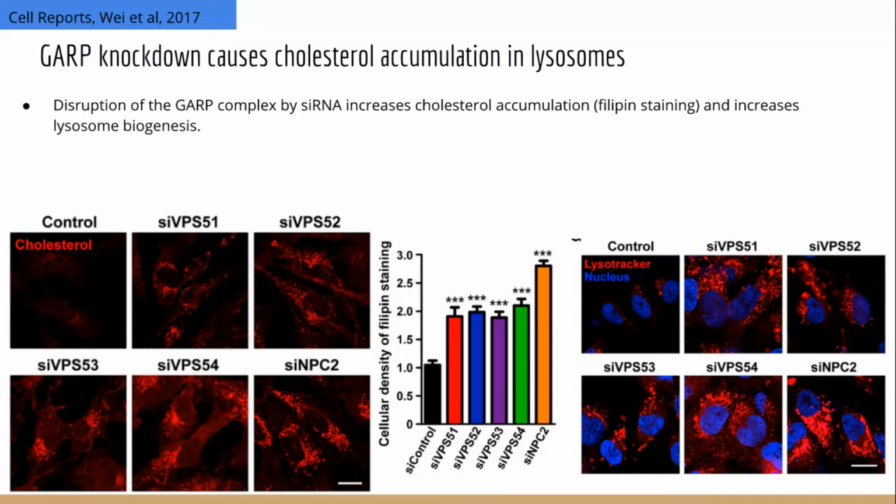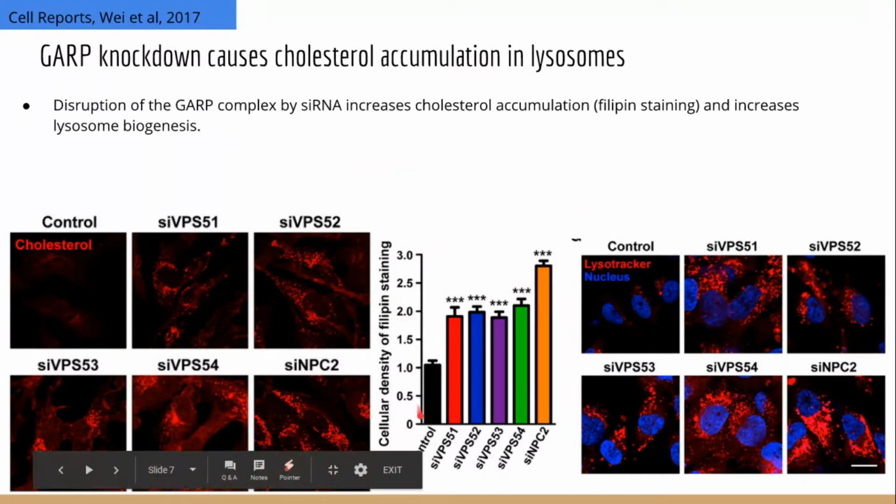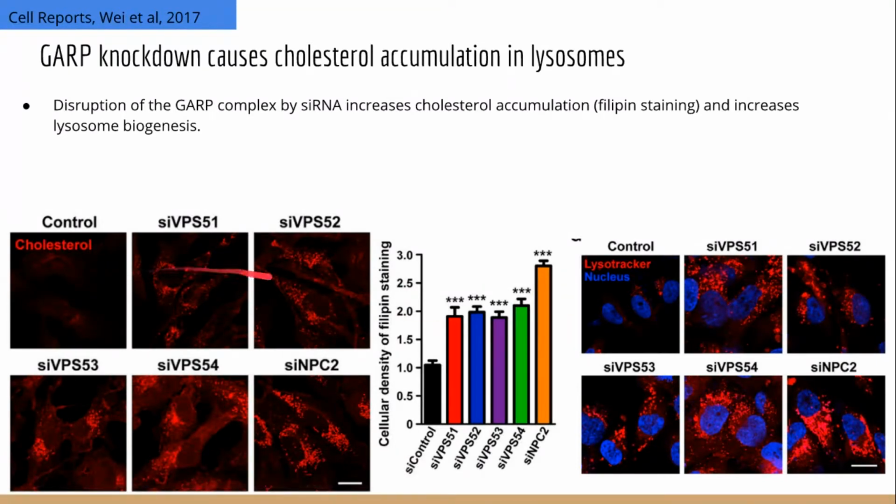So in this slide, we're seeing more validation of the aberrant cholesterol accumulation dynamics following the knockdown of different GARP subunits. So these are all different subunits of the GARP complex. We see that cholesterol, as determined by Filipin staining, is accumulating in all these different conditions.